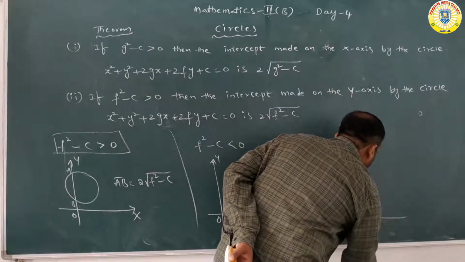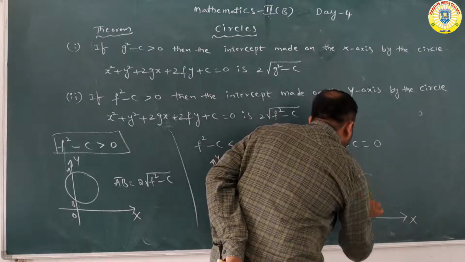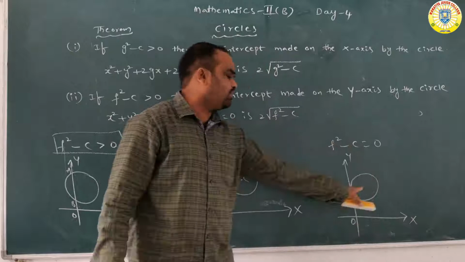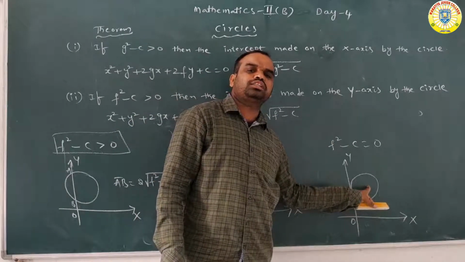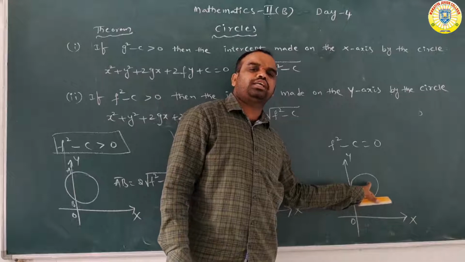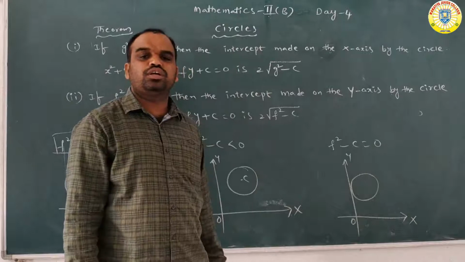In that case, origin, x-axis, y-axis. The circle touches only the y-axis. What is the condition? f square minus c is equal to 0.